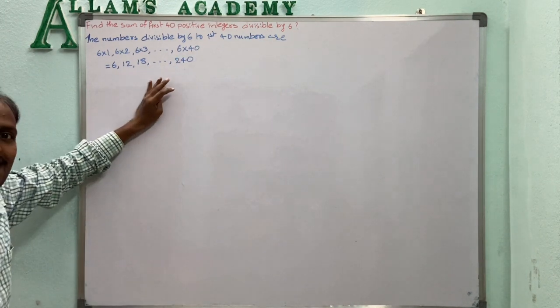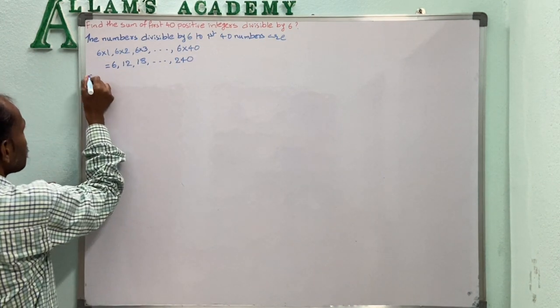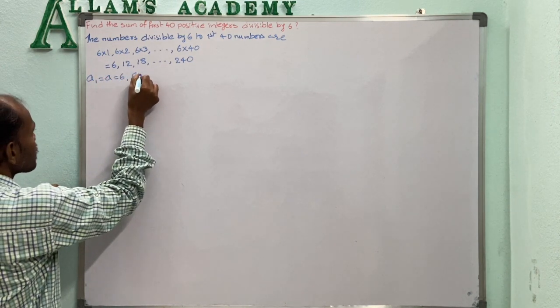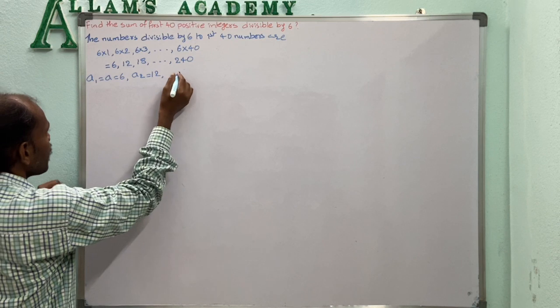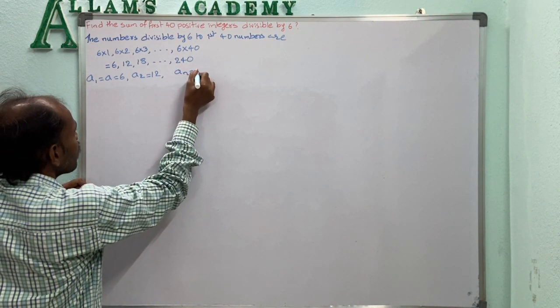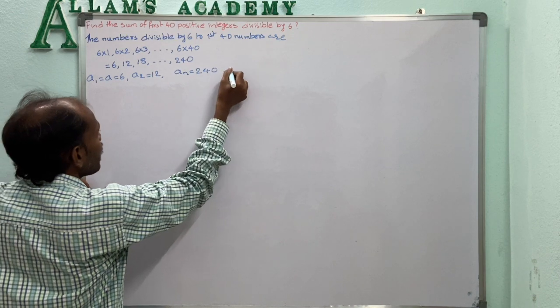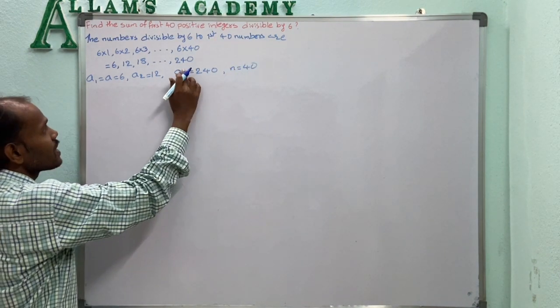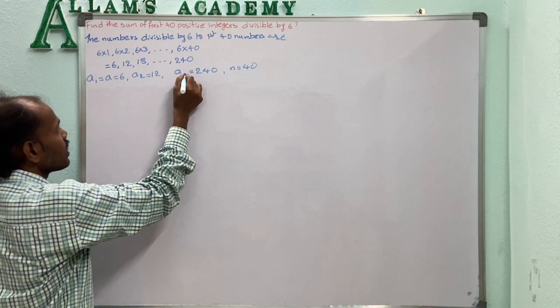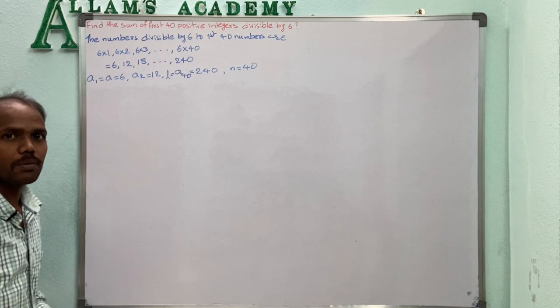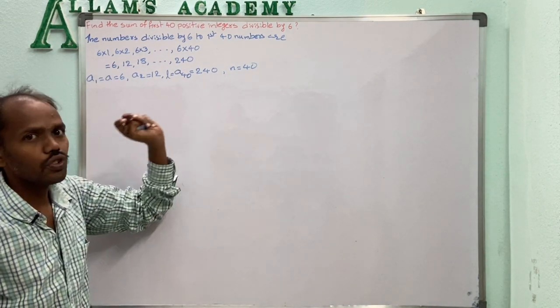Now in that series, the first term a1 is equal to a equal to 6 and the second term a2 equal to 12, and the nth term an is equal to 240 and the number of terms n is equal to 40. That means an is nothing but a40. So this a40 is the last term. So L equal to 240.